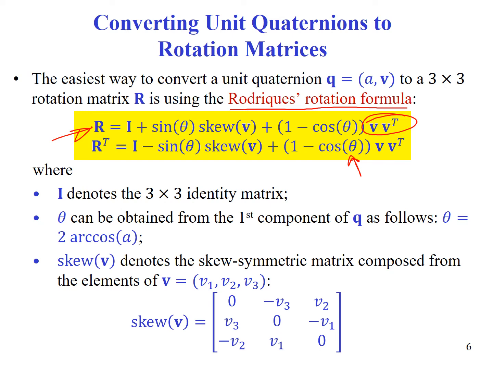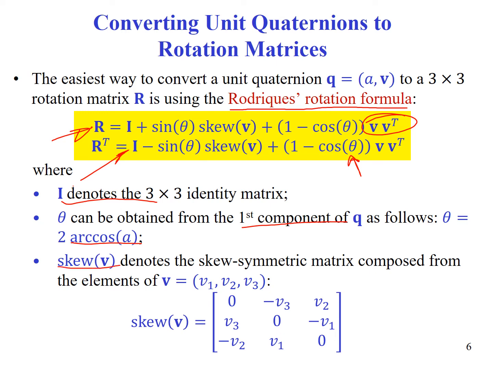Here I denotes a 3x3 identity matrix. So I in these formulas denotes an identity matrix of dimension 3x3. Theta can be obtained from the first component of Q by taking an arc cos of A and multiplying it by 2.